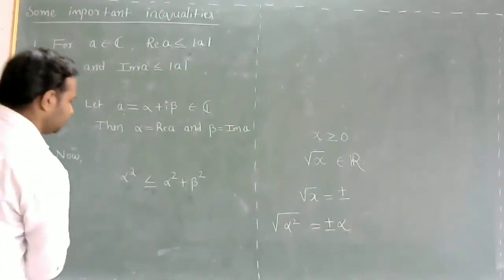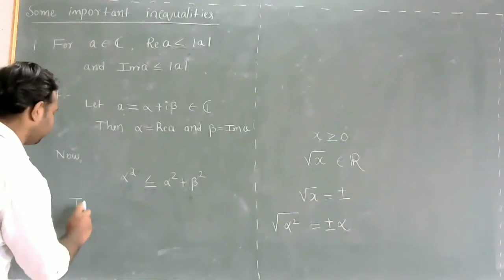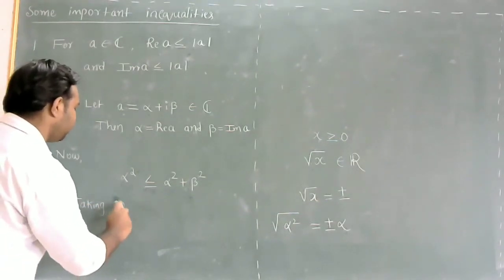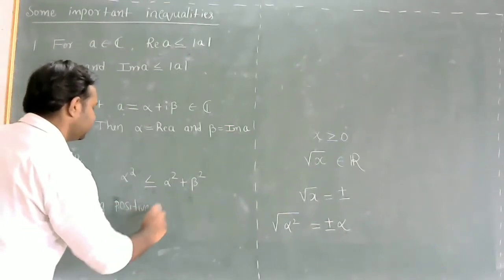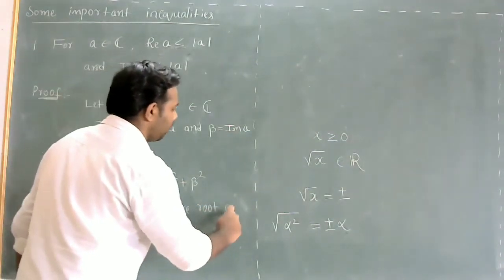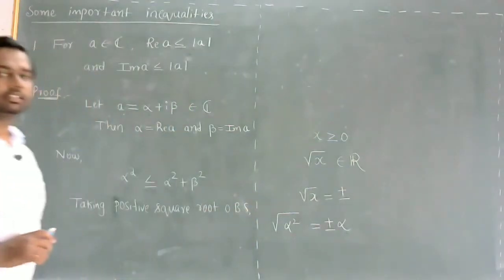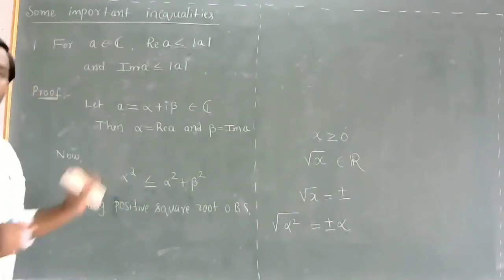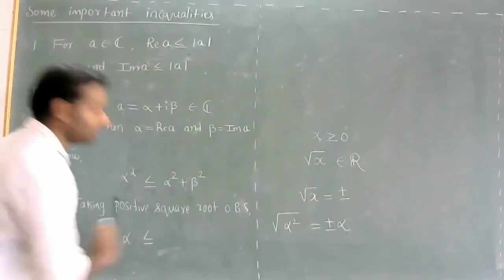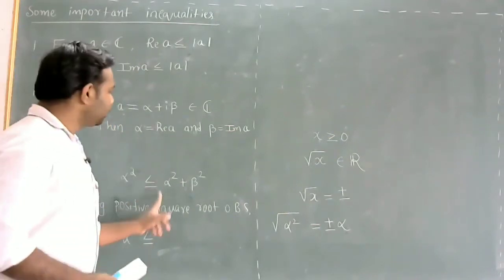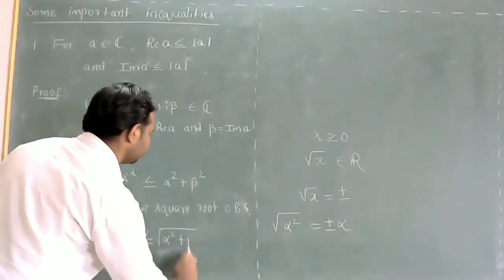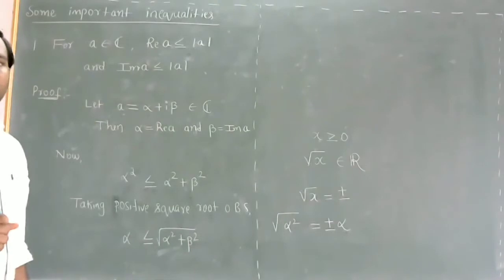So taking the positive square root on both sides: taking the positive square root of alpha square, you will get alpha, which is less than or equal to the positive square root of alpha square plus beta square.